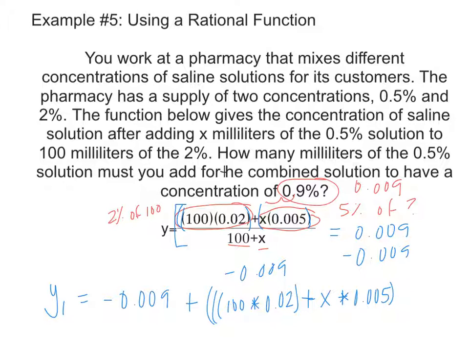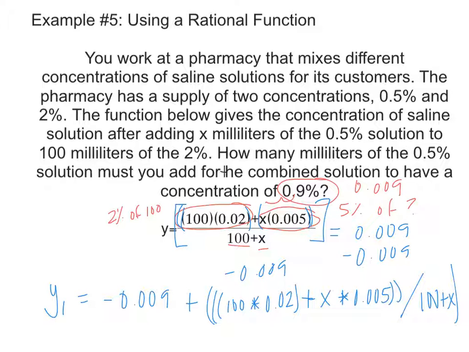Close that parentheses, and then you'll close it again for the numerator. Then you'll have the divided sign for the denominator, so divided by 100 plus x, and then you'll finally close it off to close off the brackets basically. And then you will graph that into your calculator.